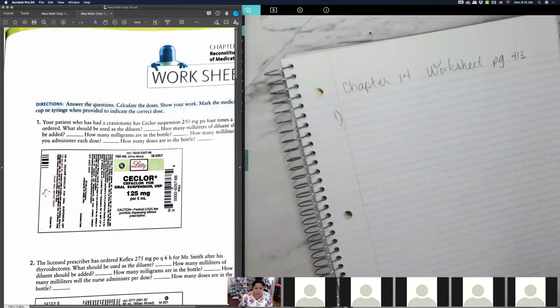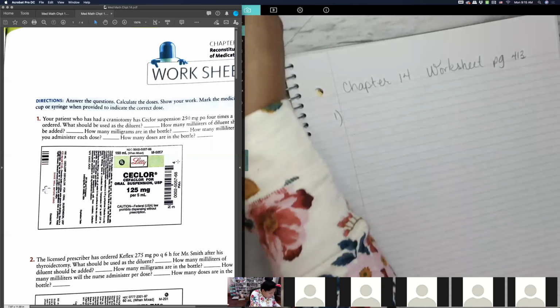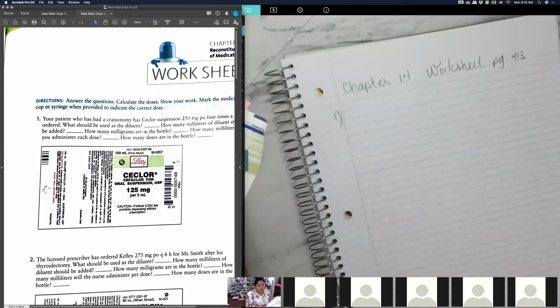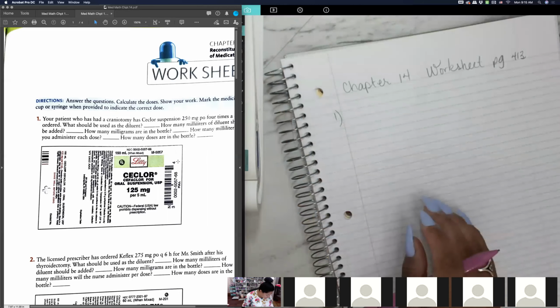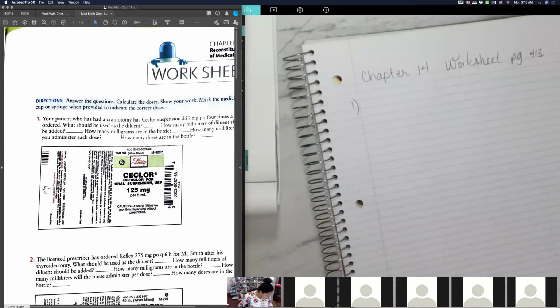Before we do any of the actual parts of this question, I want everyone to read the label, and specifically the label for reconstitution instructions, because this entire chapter is focusing on the reconstitution of medication. On the left-hand side, in fine text, are the directions for mixing.